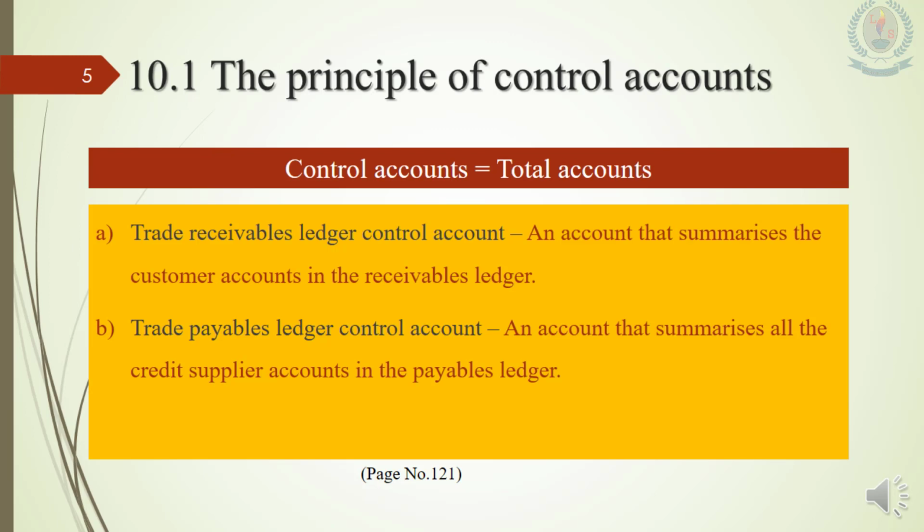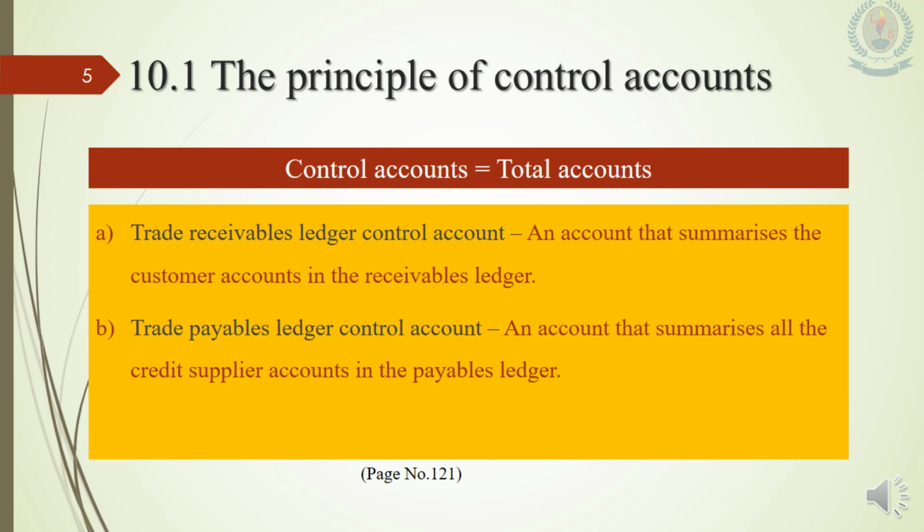In order to check the control accounts mentioned in the slide, you will need all the balances of individual accounts of the respective ledgers. Now suppose we have the total opening balances of the trade receivables and totals of some other transactions as well, such as total sales returns, total discount received, total credit revenue, total irrecoverable debts, etc. We are able to calculate the total closing balance for the trade receivables ledger control account.